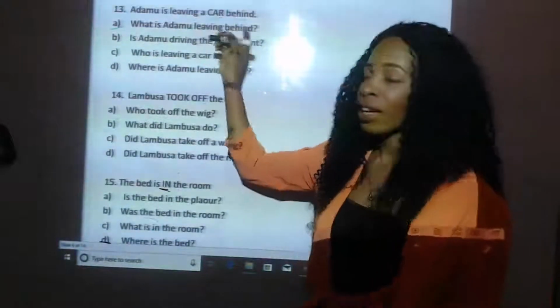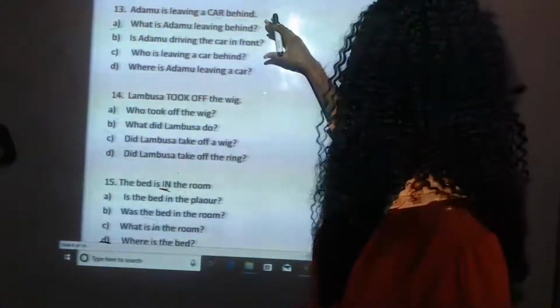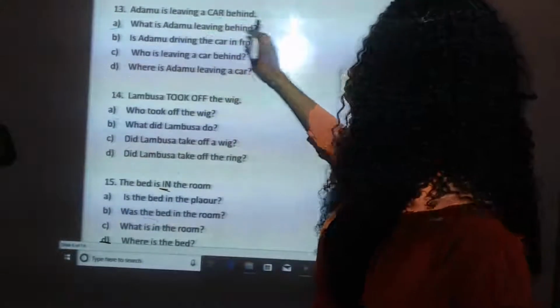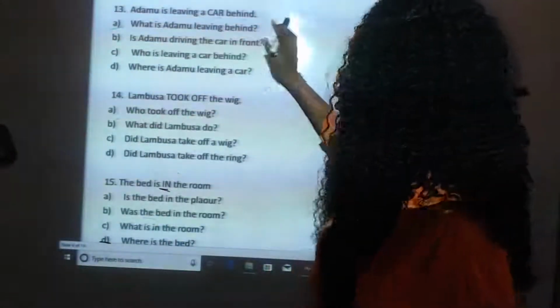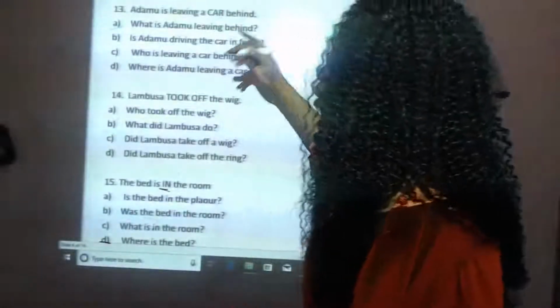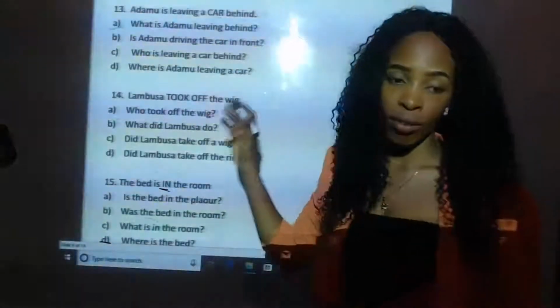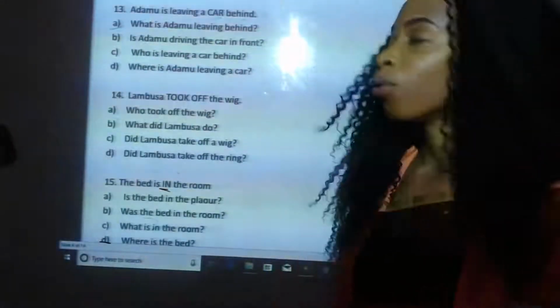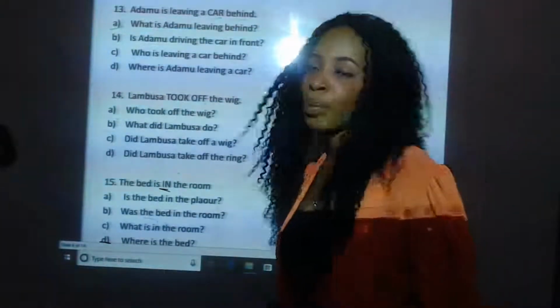Once you're able to identify the emphasized word, then in your options, look out for the sentence that does not have the emphasized word. That is the right answer. Or the sentence that contradicts, that means the opposite of the sentence given to you, is your right answer. Next, we are going to look at syllabic stress.